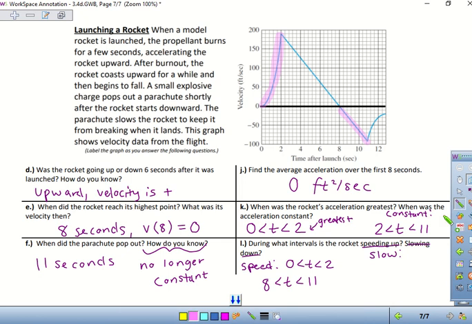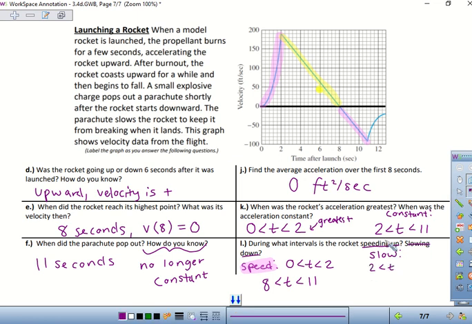Now we're going to look at slowing down. From here to here, is the velocity positive? Yeah. The velocity is positive because we're above the x-axis, but the slope is negative, so since they're opposite, we must be slowing down.